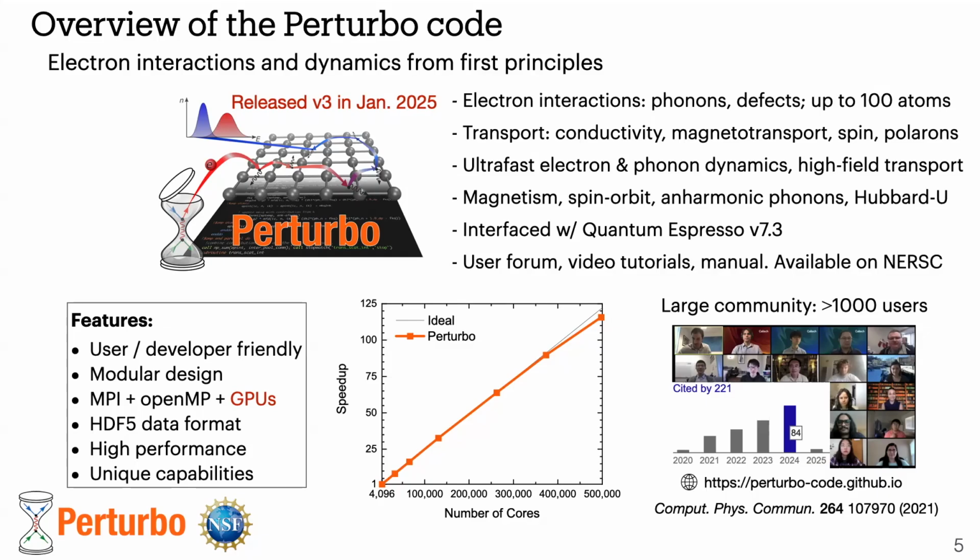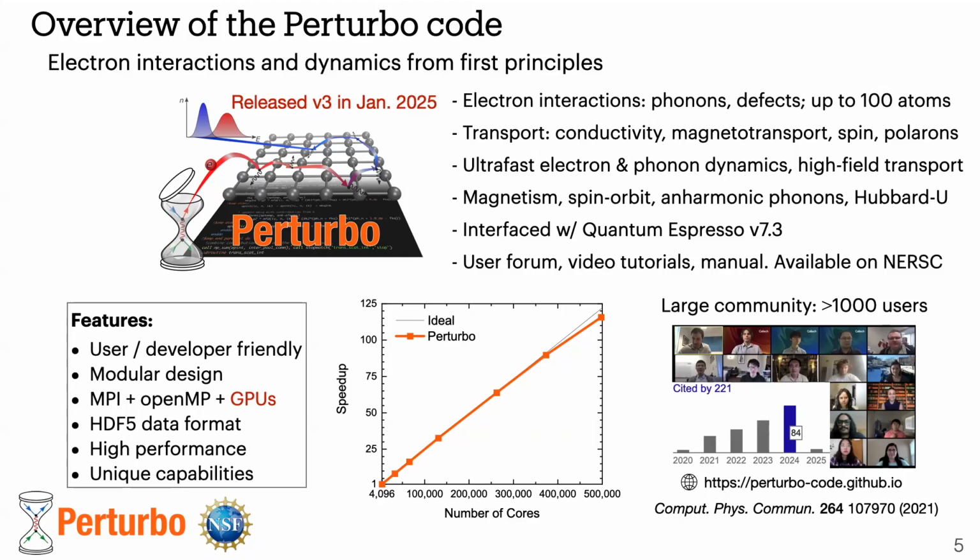In terms of transport, we have a wide range of features that range from computing conductivities and mobilities to more advanced workflows that involve transport in magnetic fields or spin relaxations, as well as strong electron-phonon coupling and polarons.